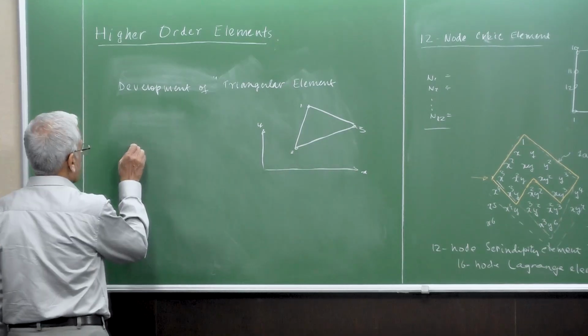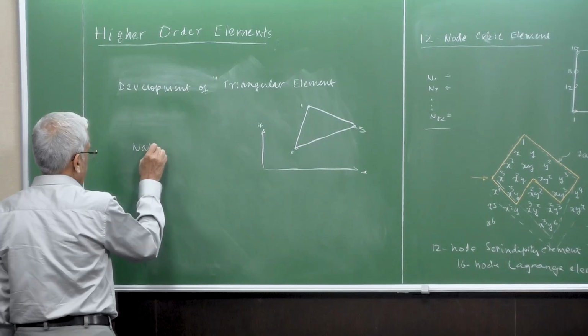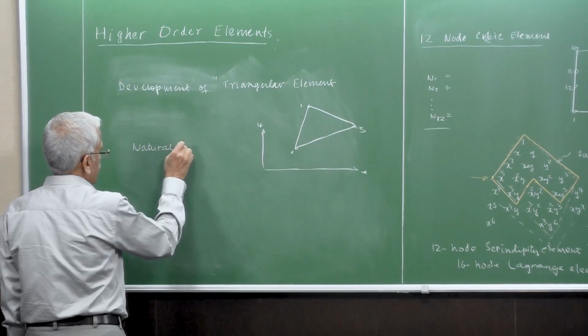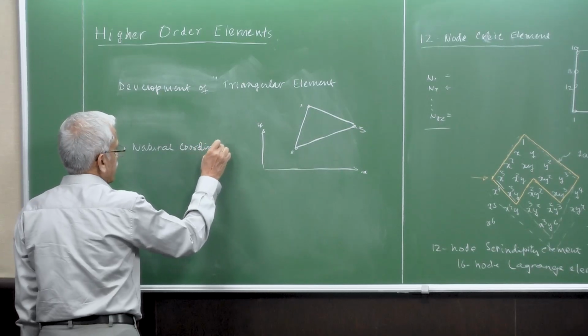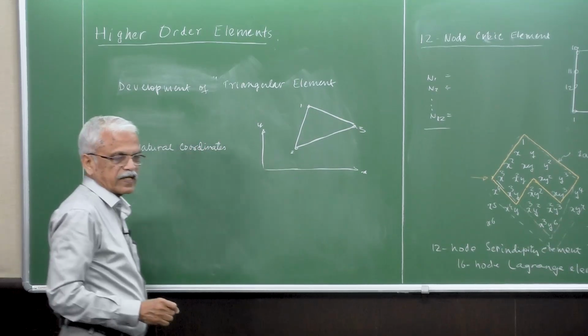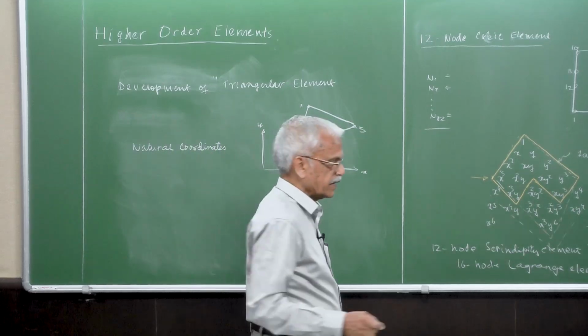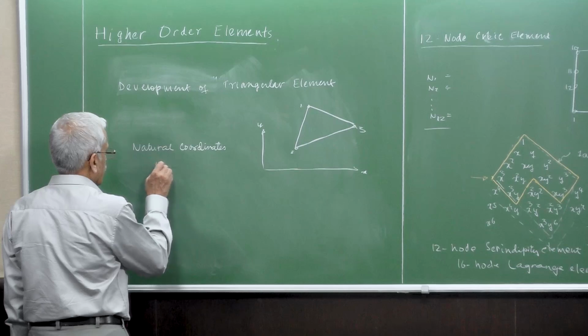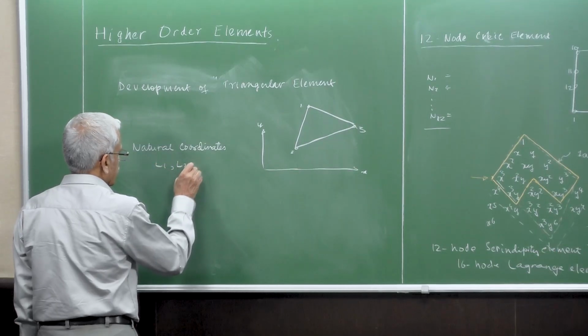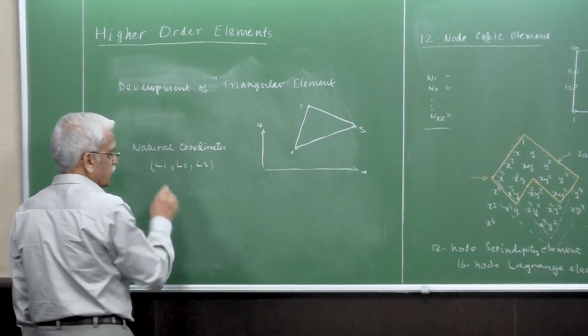So the natural coordinates, just like we use xi and eta for the rectangular element. Here we use some other types of natural coordinates, known as L1, L2, L3.